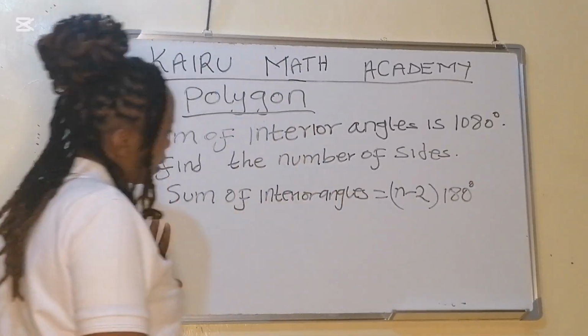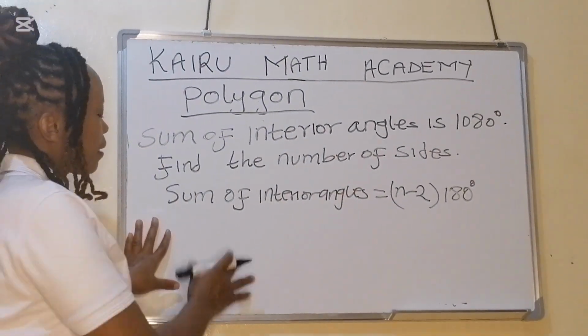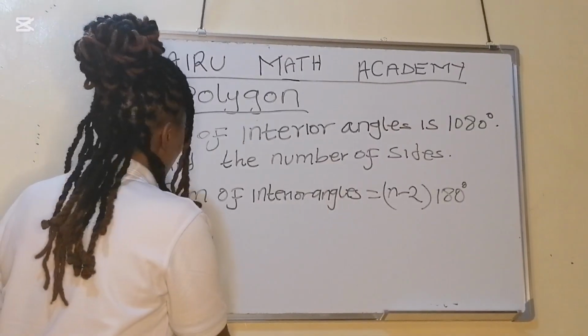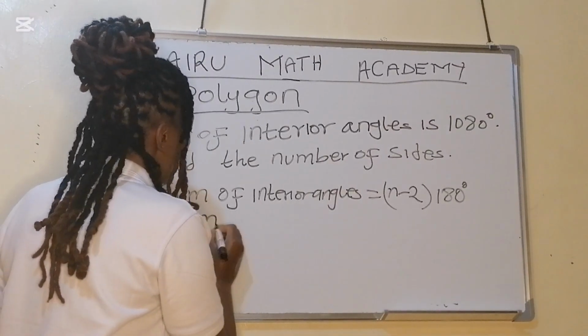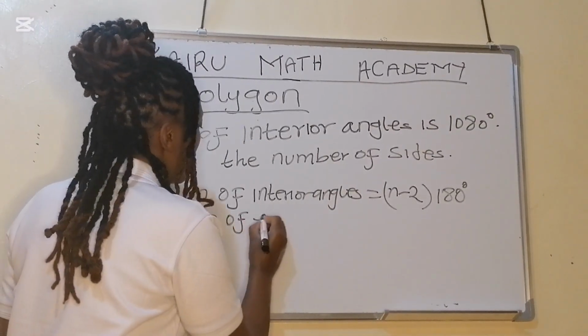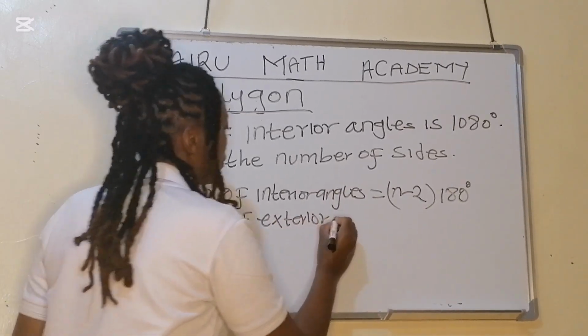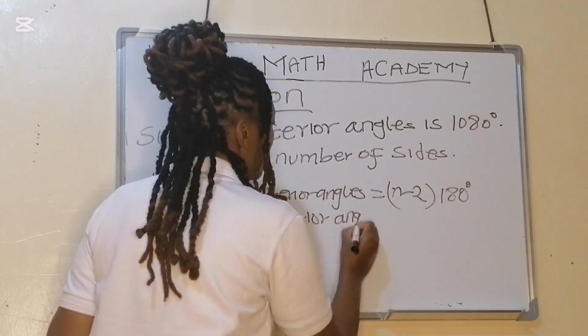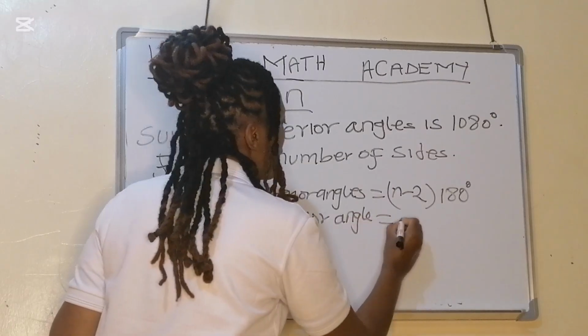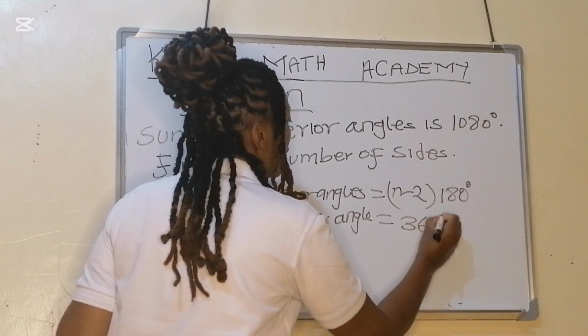Okay? So we have that. That is the first formula. The second formula is sum of exterior angle is 360 degrees.